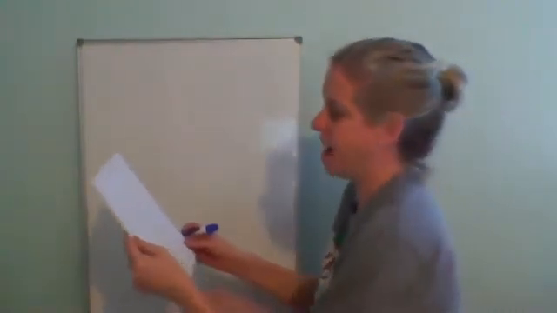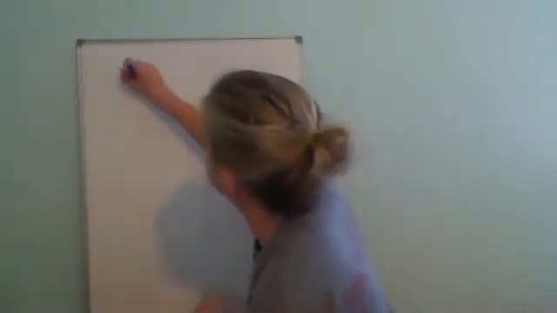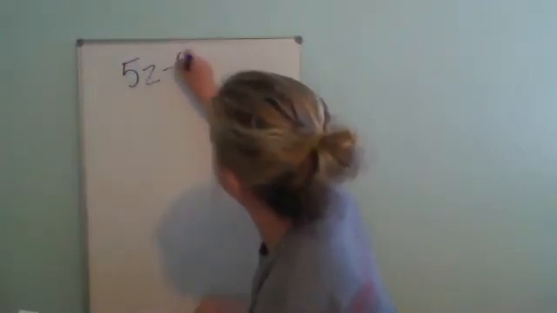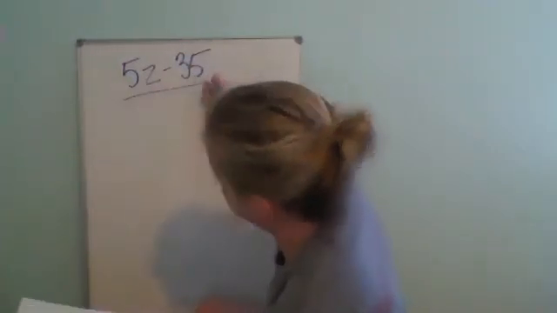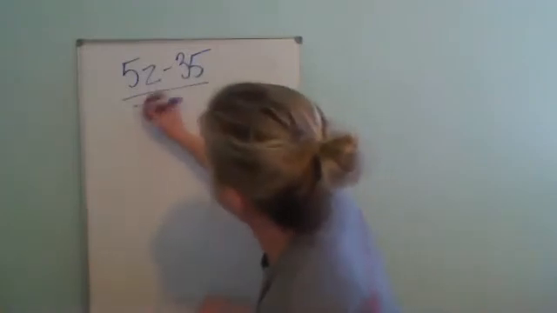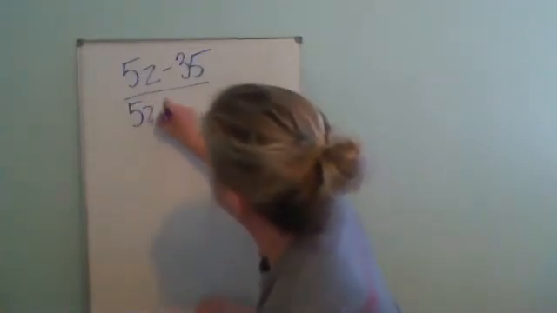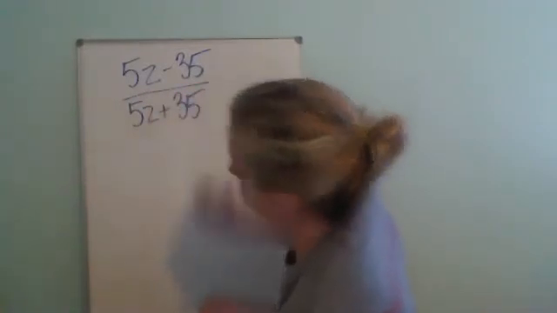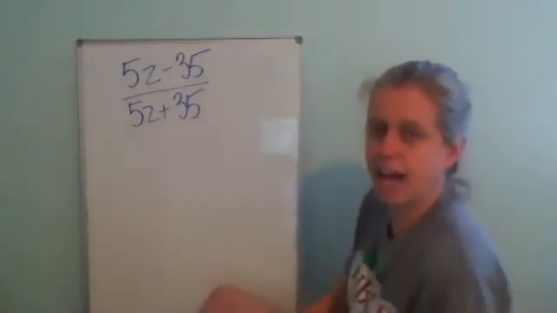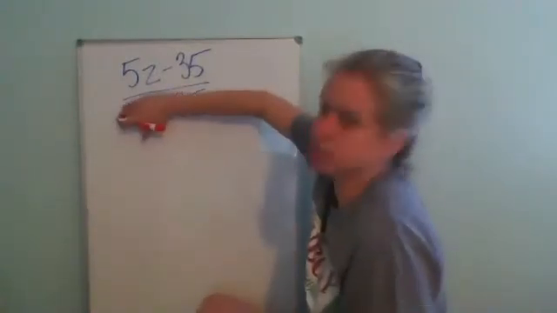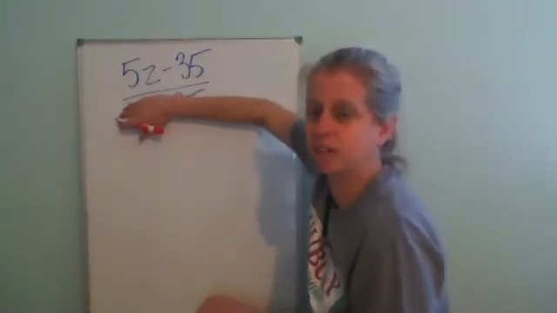Right, number 3, same thing, simplify. I've got 5z minus 35 over 5z plus 35. Now, just like that last problem, the first thing, just look at the top and the bottom separately because we're going to factor first.